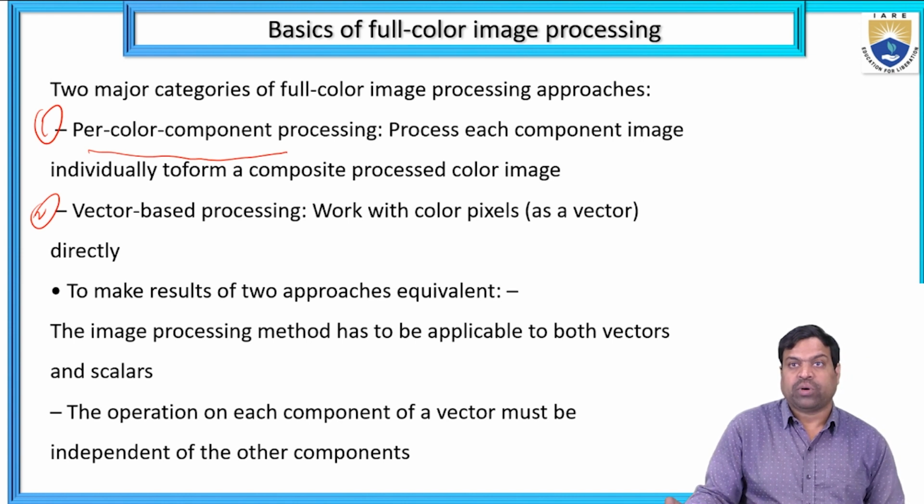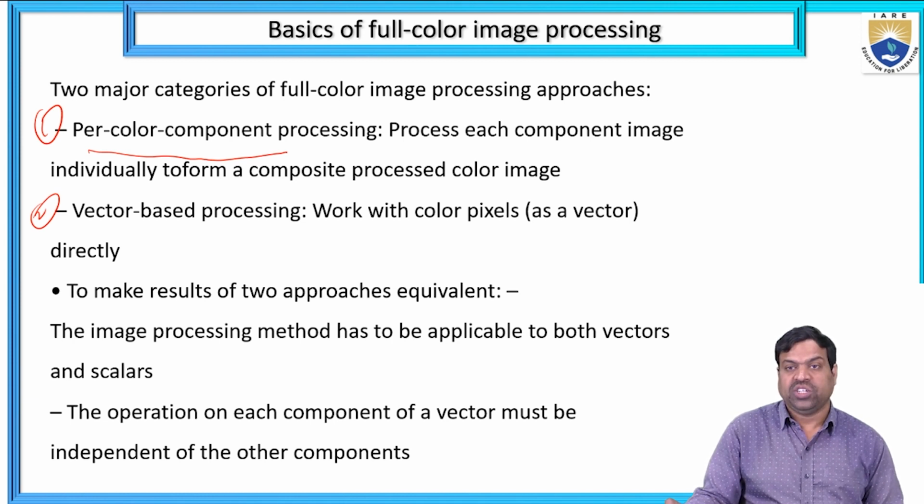Per color component processing processes each component individually to form a composite processed color image. Vector based processing works with color pixels as vectors directly. To make the results of the two approaches equivalent, the image processing method has to be applicable to both vectors and scalars.